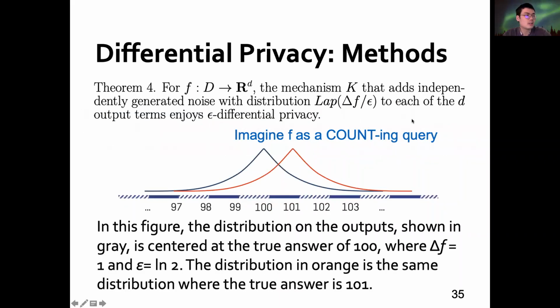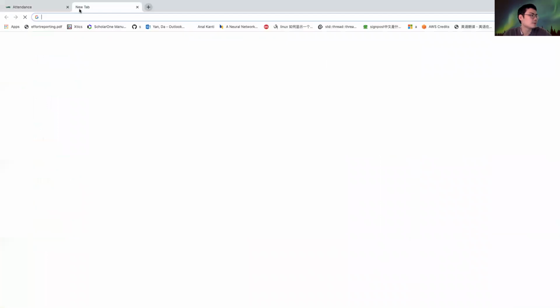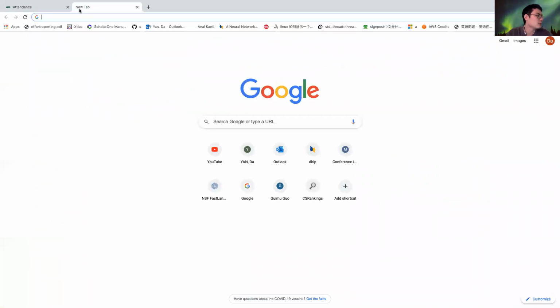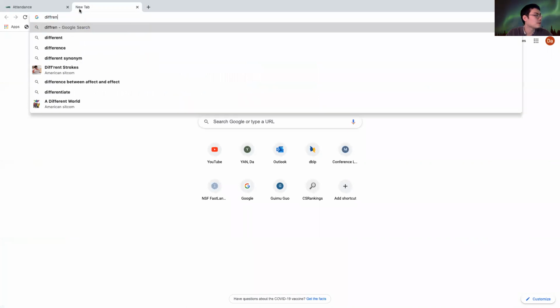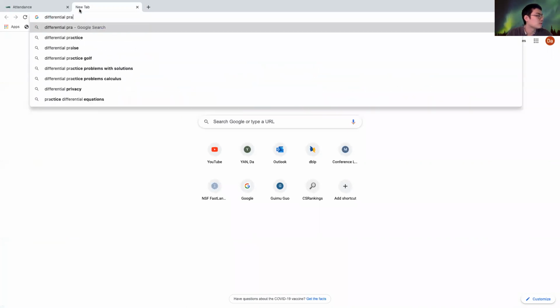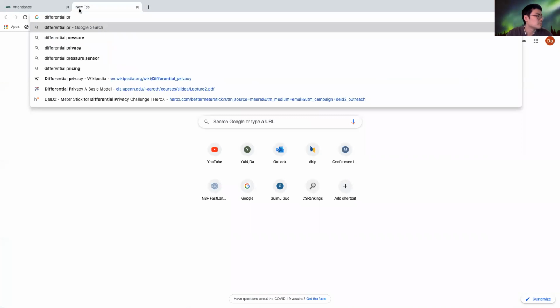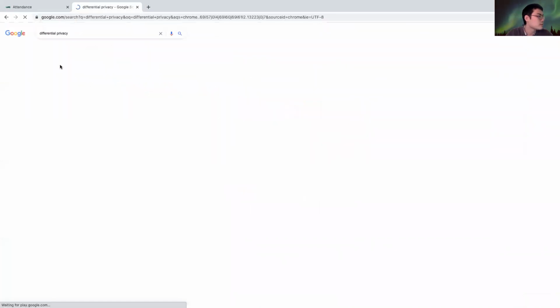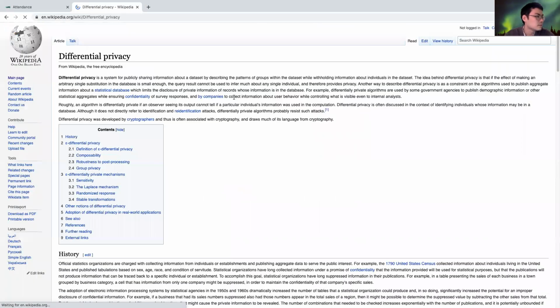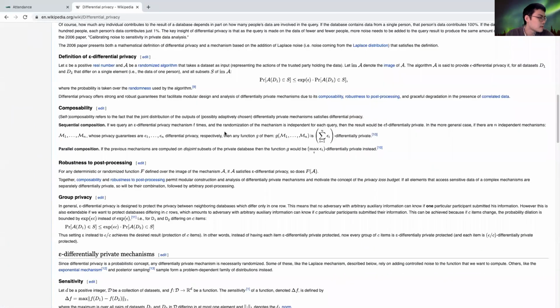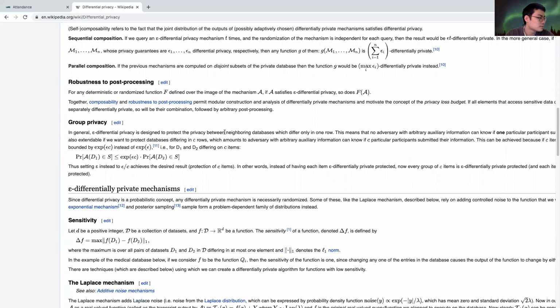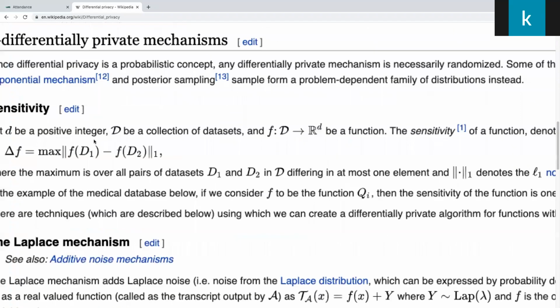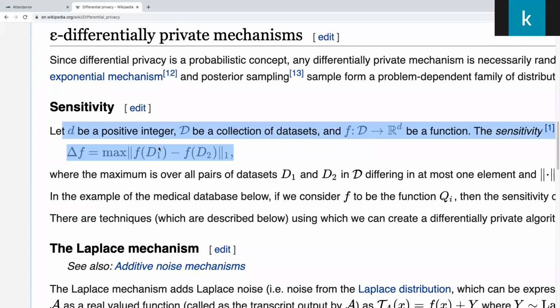Maybe we can go to Wikipedia. Yeah, this is called the sensitivity. What does this mean?